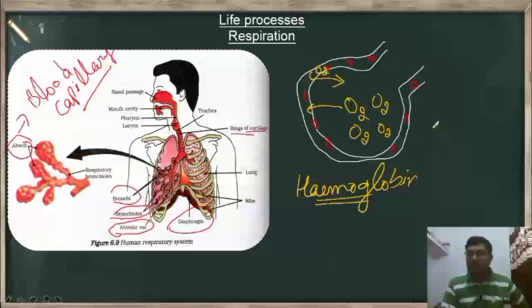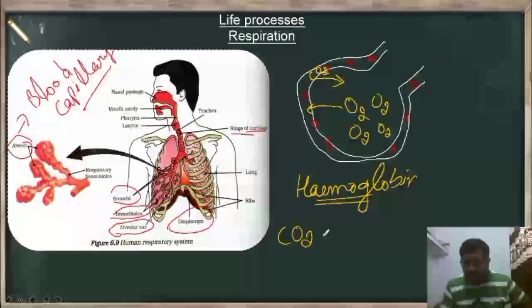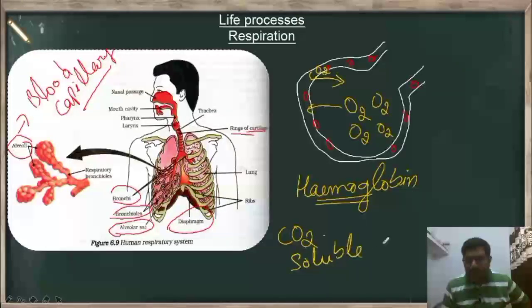Whereas this carbon dioxide, as you can see here, has less affinity towards hemoglobin compared to that of oxygen. For that reason the carbon dioxide does not combine with the hemoglobin. Instead, the carbon dioxide which is eliminated from the cell after respiration is transported in which form? In soluble form.